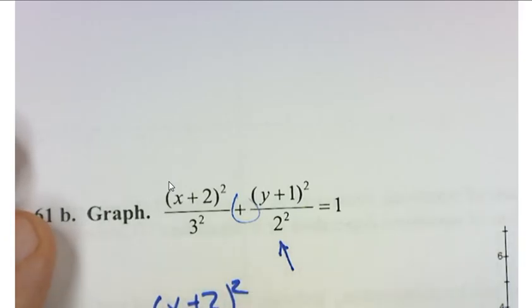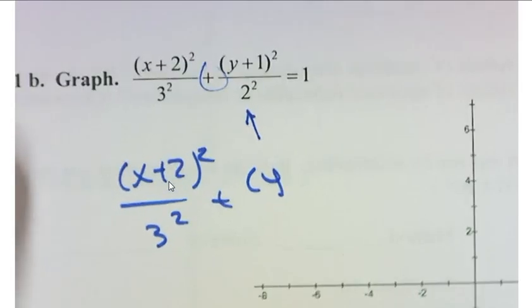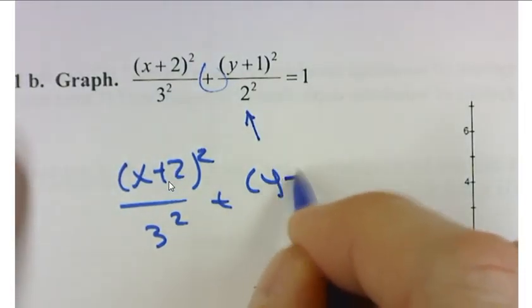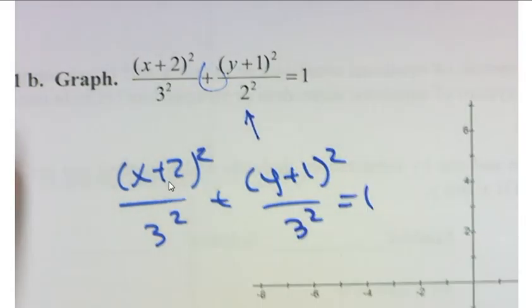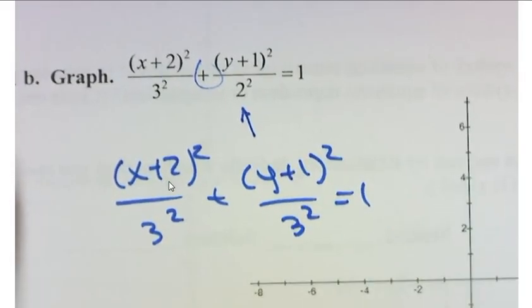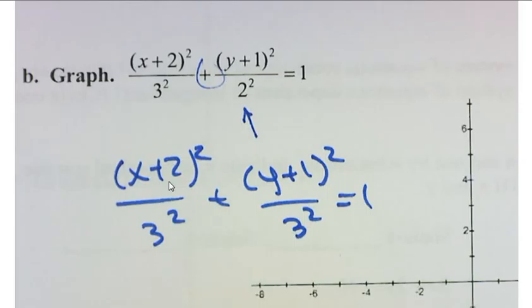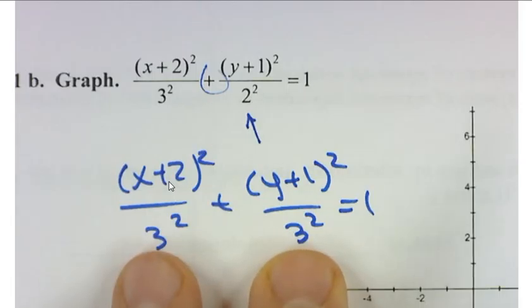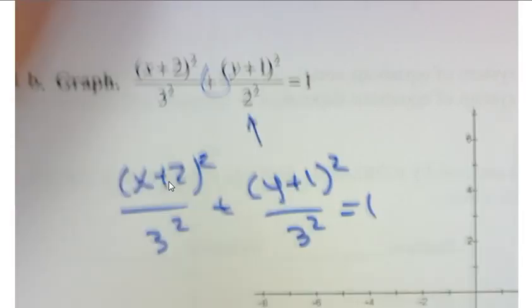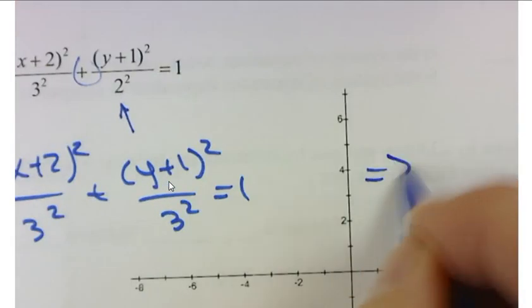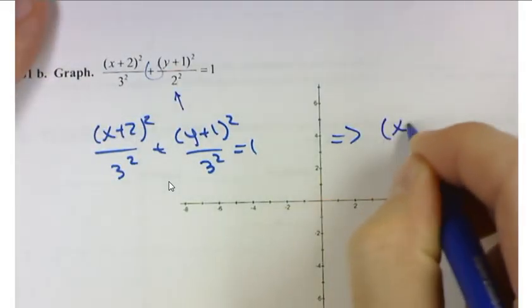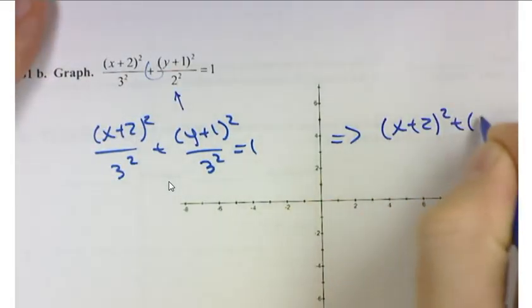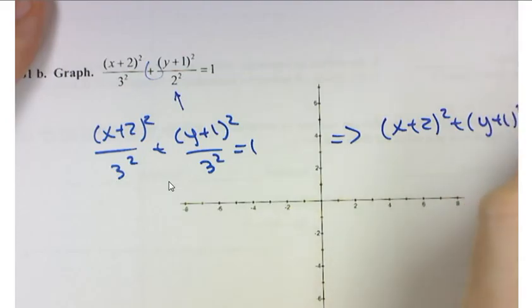So let me just take a quick look here for you. If I had x plus 2 squared over 3 squared plus y plus 1 squared over 3 squared. If these two were the same, then this would be a circle, if those two denominators are the same. Now, the two denominators being the same would be the same as having, for instance, x plus 2 squared plus y plus 1 squared equals 9.